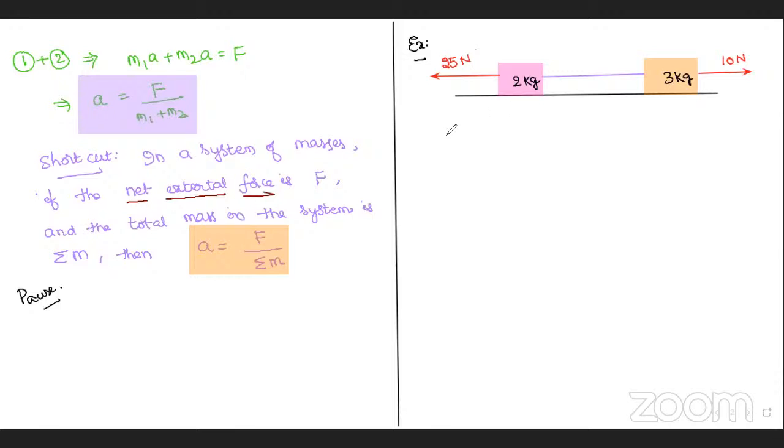The question is: in the figure, of course, again we are following all the conditions, smooth, inextensible, massless, find the acceleration.